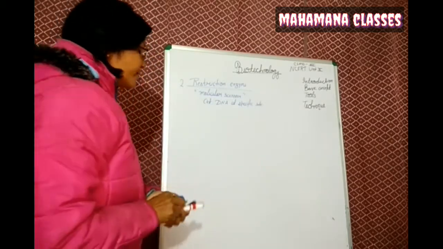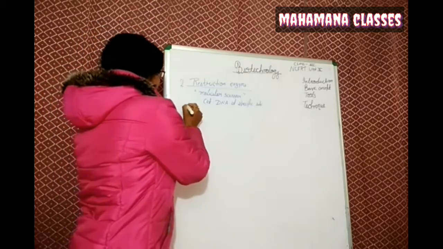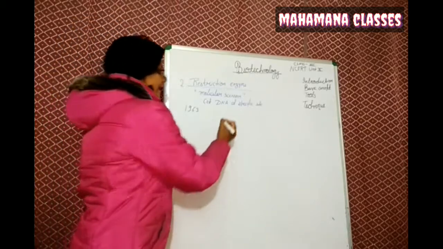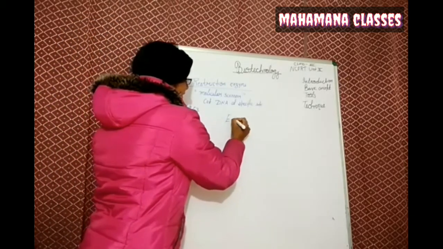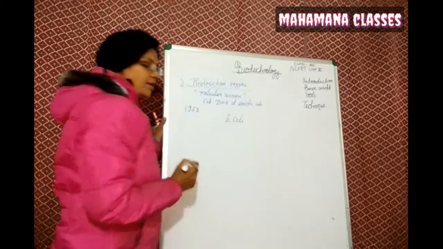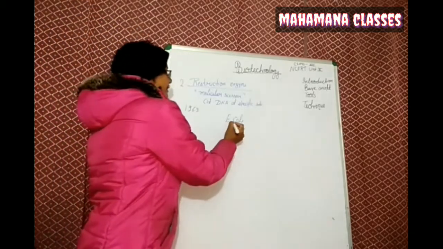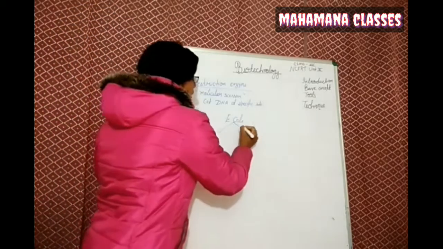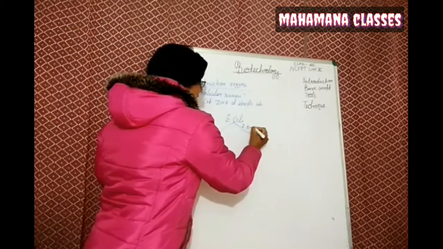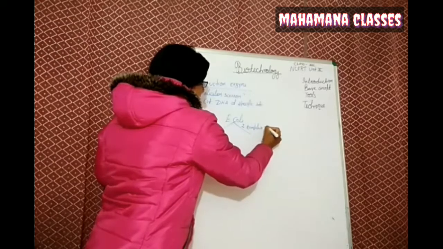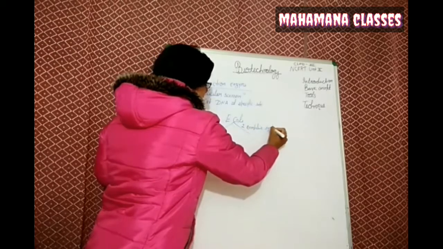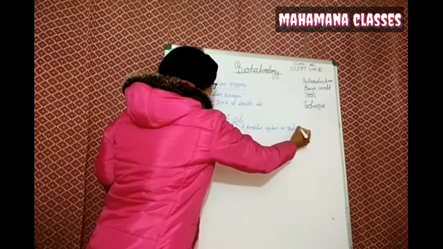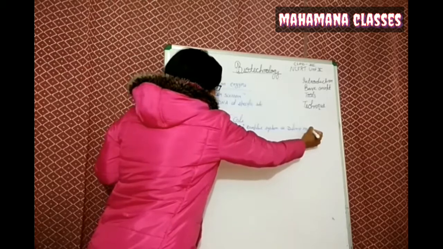So let us see what happened in 1963. It was observed that E. coli, which is Escherichia coli, a bacteria, has two complex systems as a defense mechanism.